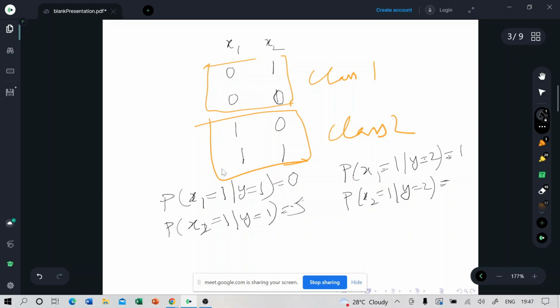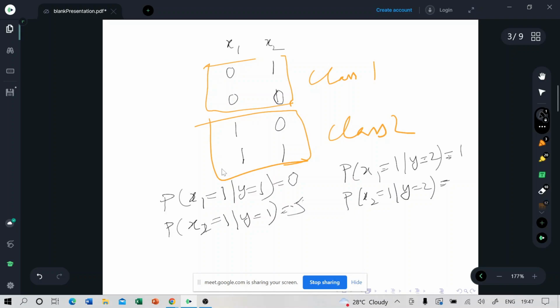We don't need their exact values. Somehow we should be able to compare whether one is greater than the other.